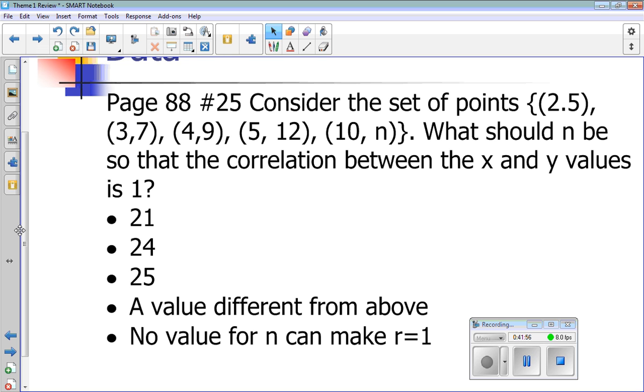That's okay. But none of these work, is my point. None of them worked. Okay? Sure. You would just literally go to stat edit and clear them out and put in 3, 4, 5, and 10.